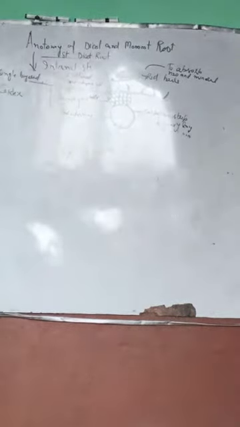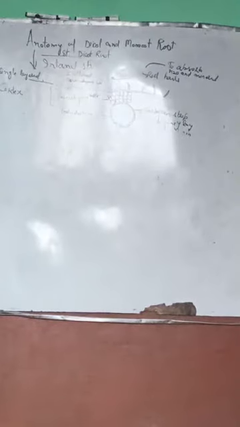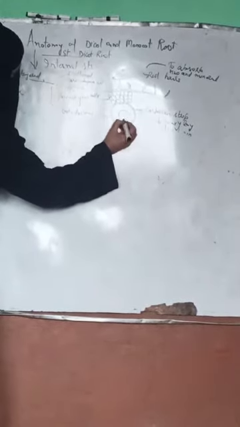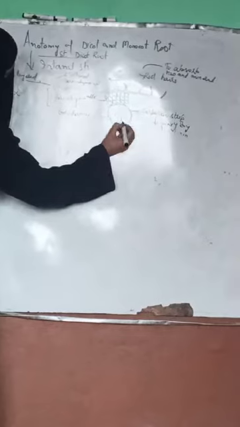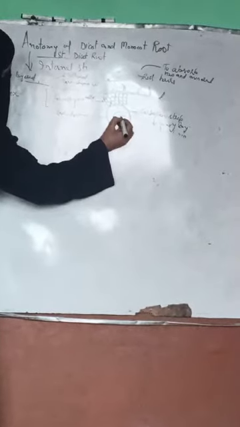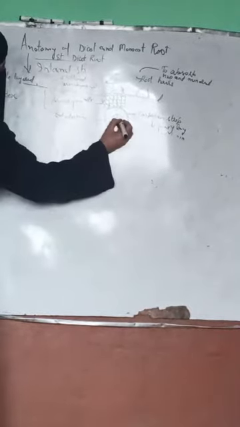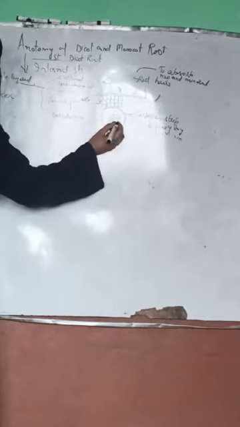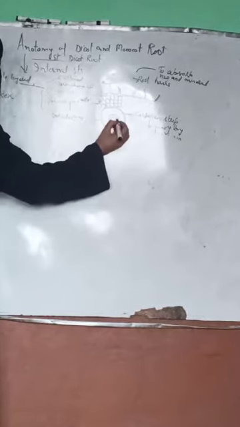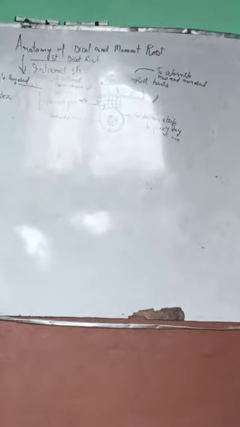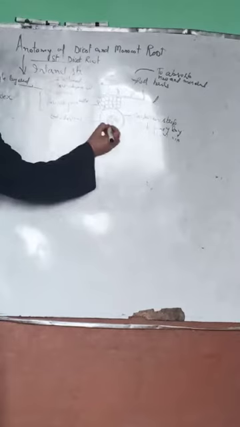Then after this Casparian strip, there are xylem and phloem, four vascular bundles, four xylem and phloem.